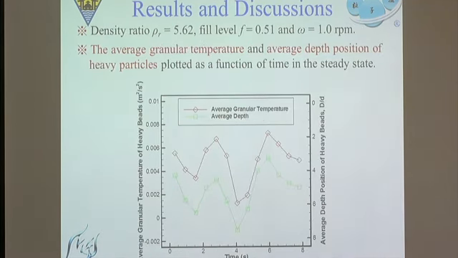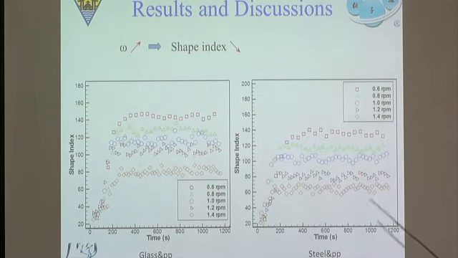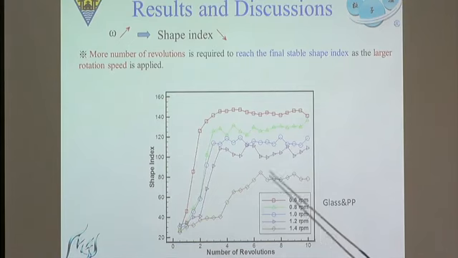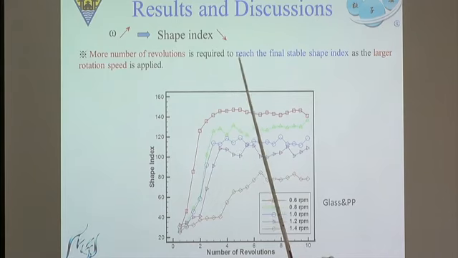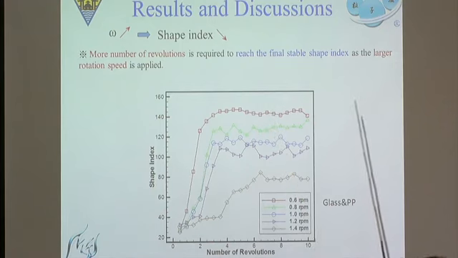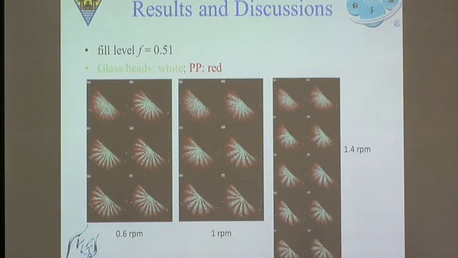Okay. So similarly, we try different rotation speeds to check the shape index. We find that with higher rotation velocity, the shape index becomes less, which means a smaller number of streaks formed.